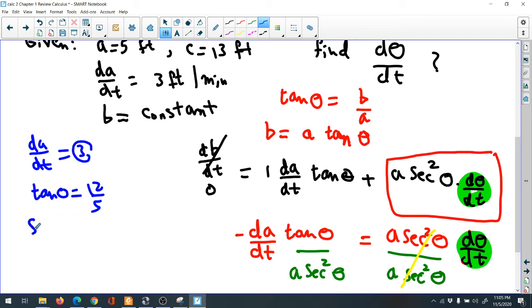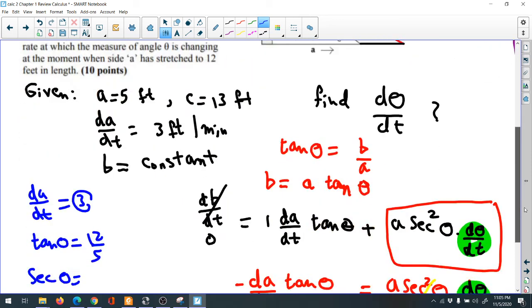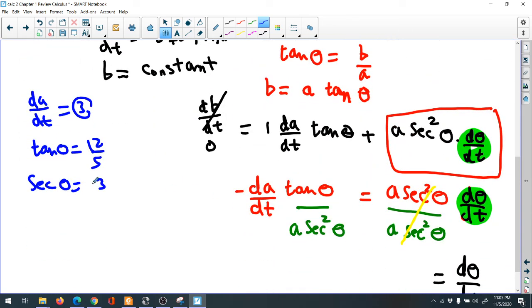Also, we need secant theta, which is the reciprocal of cosine. Cosine is adjacent over hypotenuse, which is 5 over 13. We're going to flip it to be 13 over 5. If you need to square it, just keep it like that. It's better.